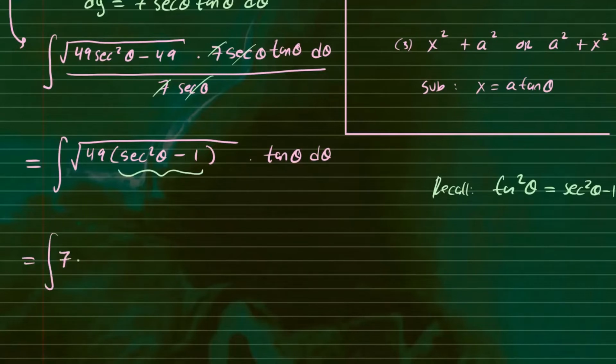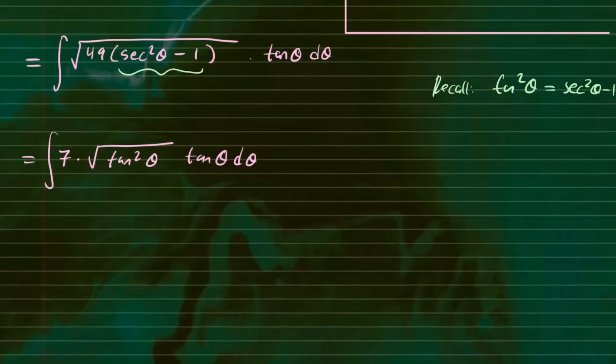So you'll have 7 times the square root of tangent squared theta times tangent theta d theta. And then here I can cancel the square root of the square. That leaves me with 7 times the integral of the absolute value of tangent theta times tangent theta d theta.